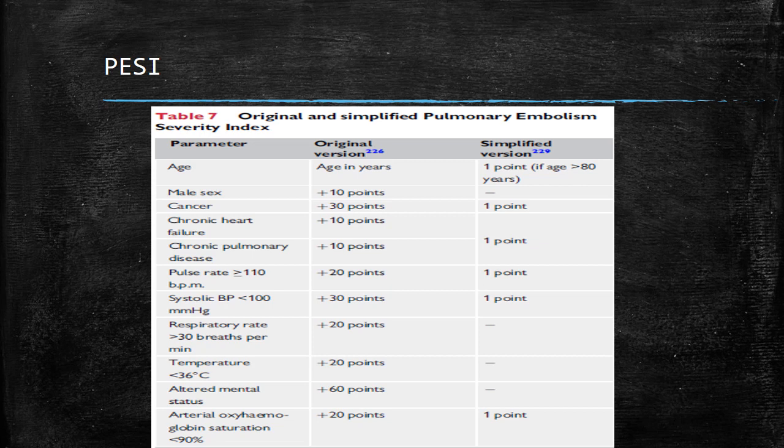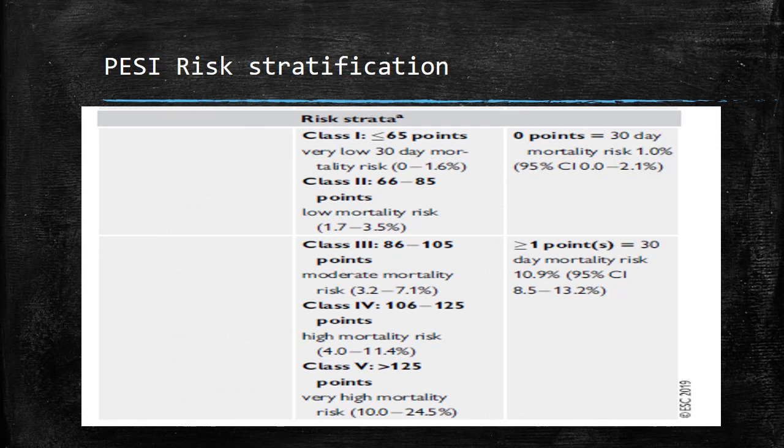It has, again, almost similar things as in the Geneva and Wells scores, like male gender, cancer, chronic heart failure, chronic pulmonary disease, pulse rate, systolic blood pressure, respiratory rate, temperature. It has all the vital signs in it, as well as altered mental status and arterial oxygenation. It can be determined by the stratification of the risk into 5 classes, class 1 to 5.